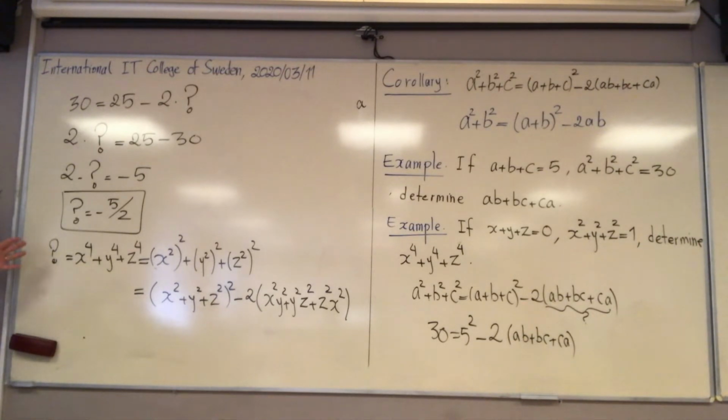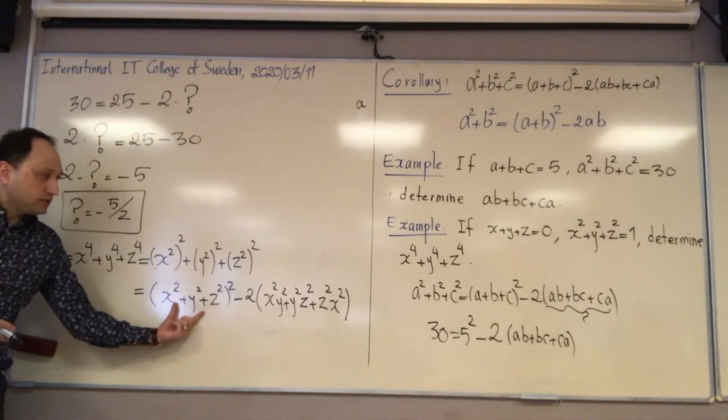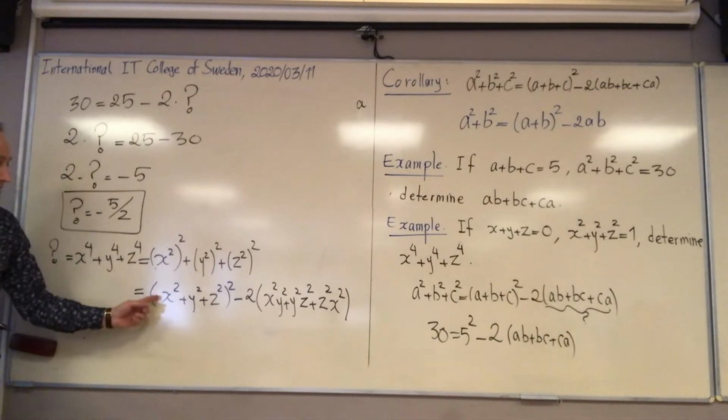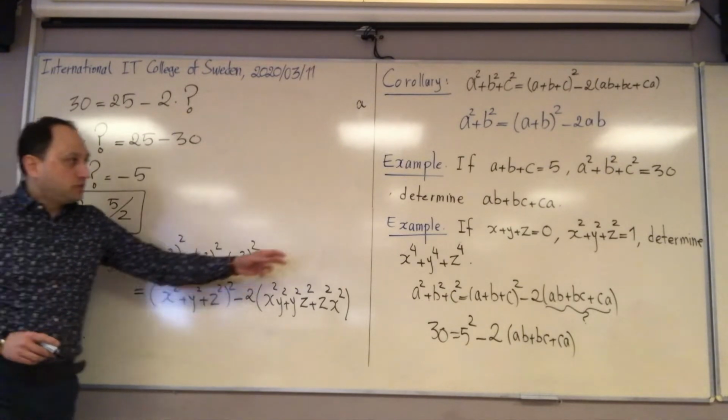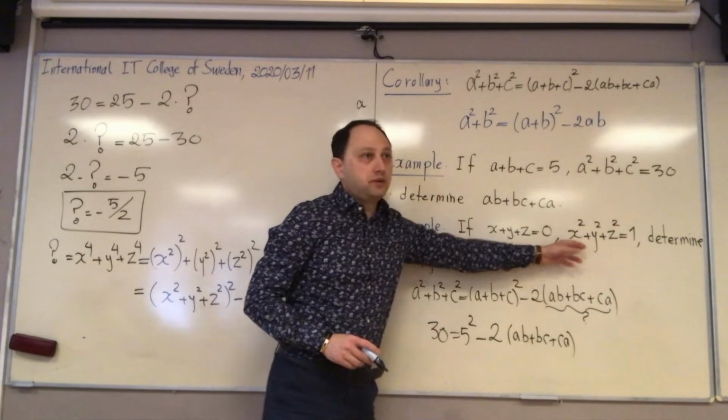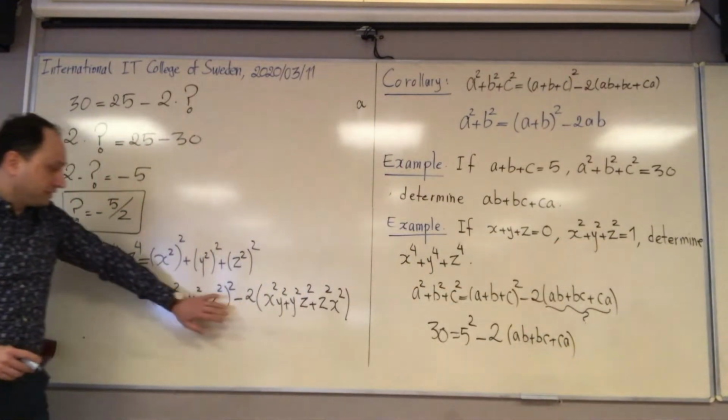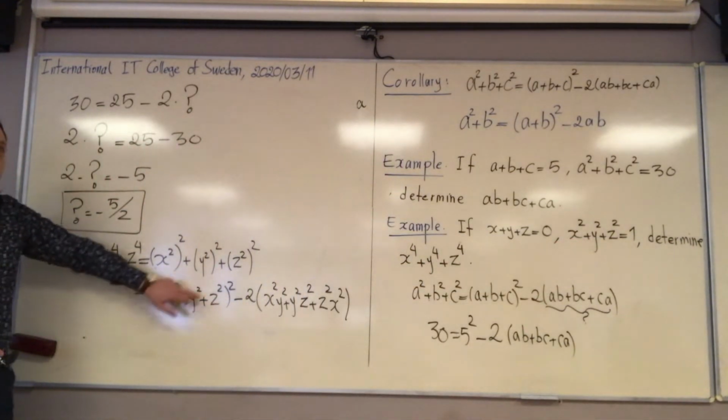I would say this is reasonable. Why? Because my question mark, which is this expression, is written in terms of two expressions. One of these expressions, x squared plus y squared plus z squared, is provided for me exactly in the problem. So I don't have any problem with the first part. It becomes 1 to the power of 2.